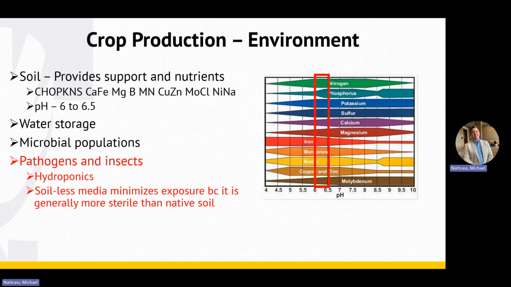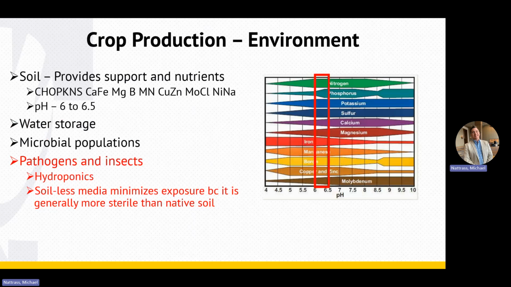In general, not perfectly, it is a little more sterile than our native soil because it has not been exposed to other pathogens. We keep that separated, or apart from, the potential for being exposed to any pathogens and insects.